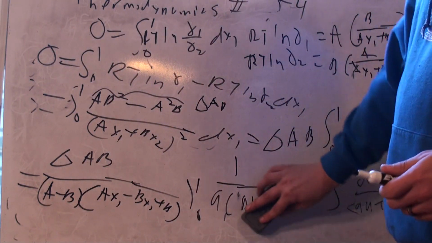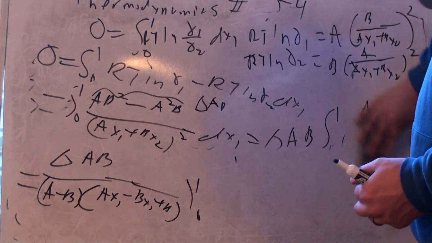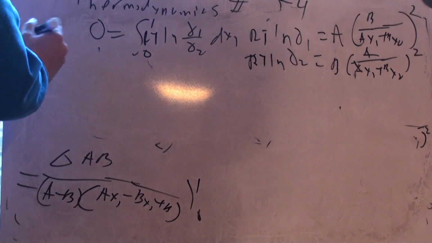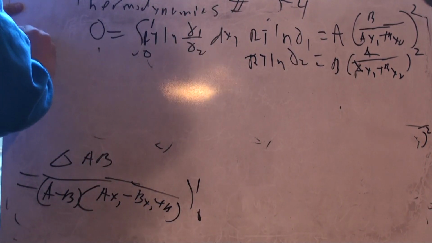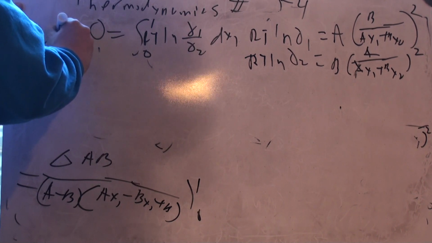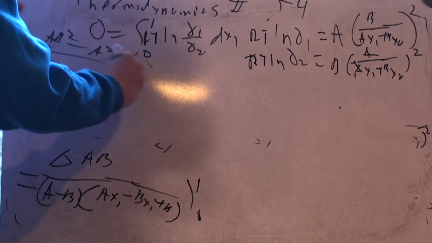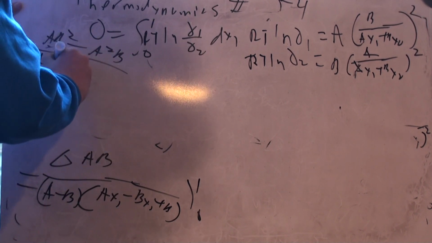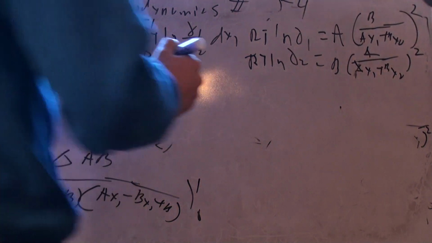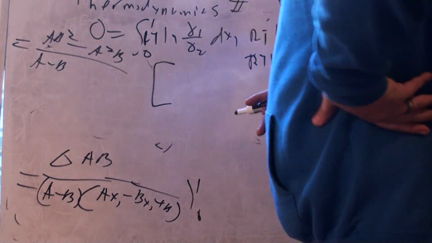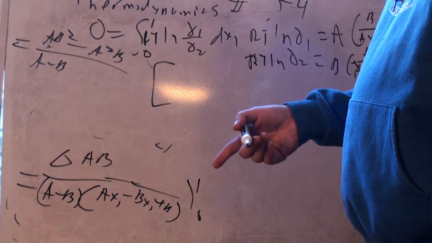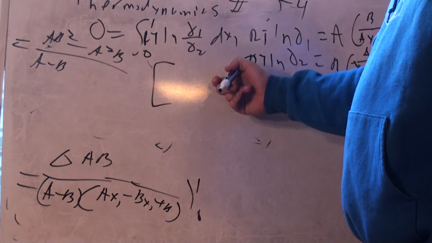Alright. Well, now I just kind of plug things in. Okay, let's see what happens. So let's plug that in fully. So we have equals AB squared minus A squared B all over A minus B. When I'm all said and done, whatever's in here should be equal to 0.